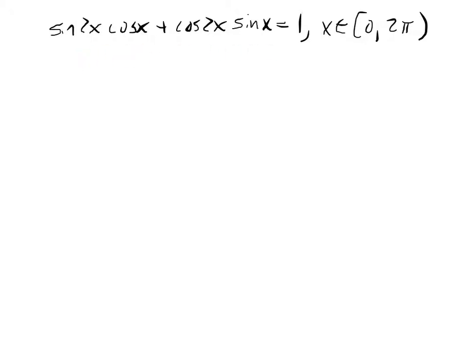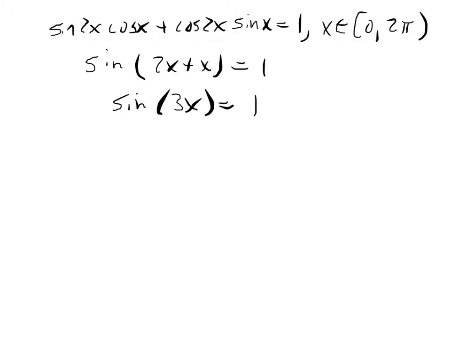It's looking very long and complicated. However, what do you recognize here? That's one of our expansion formulas for sine. So I want to rewrite this immediately as sine of 2x plus x equals 1. And that means I'm looking at sine of 3x equals 1.